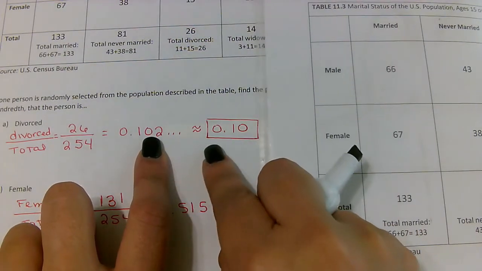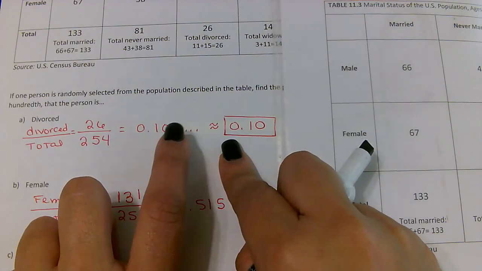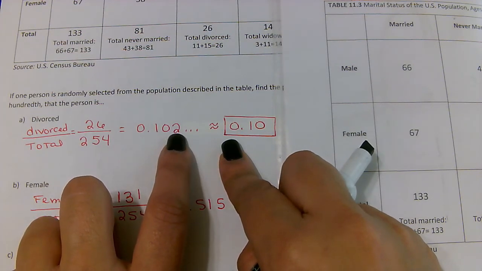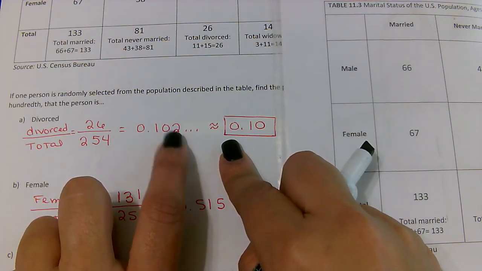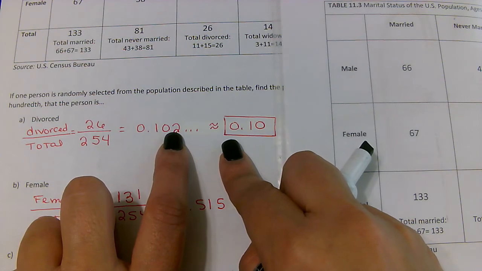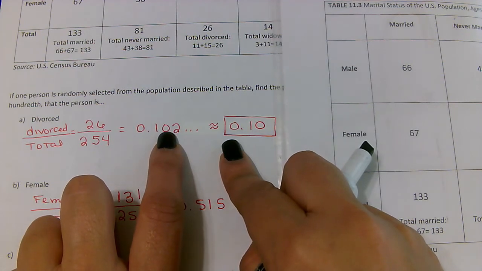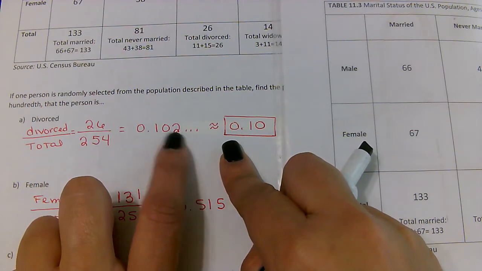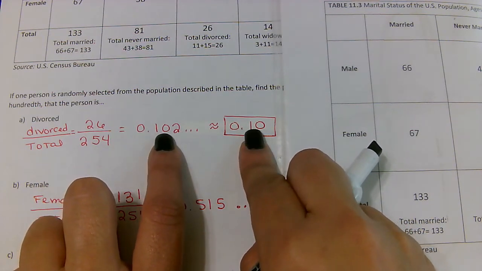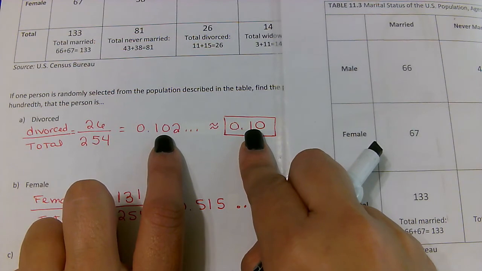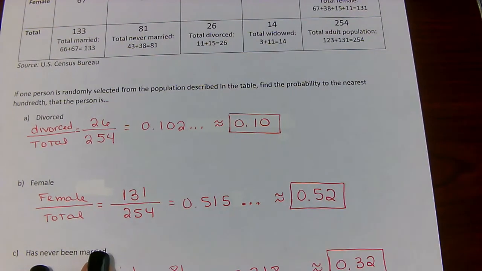Now remember, when you're rounding to the hundredths place, you're going to look at the thousandths place, which is the third decimal place. If this number is greater than or equal to 5, you're going to round the hundredths place up by 1. Since this is a 2, you're just going to leave this at approximately 0.10.